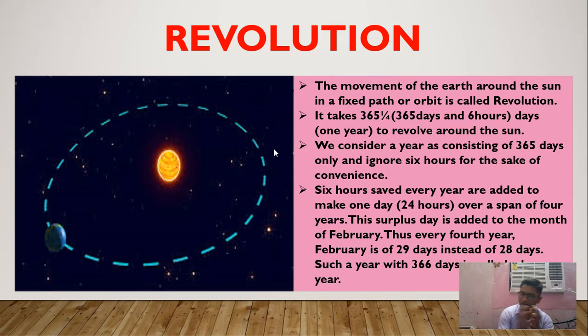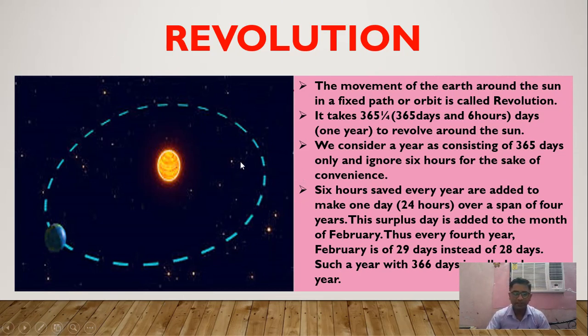According to rotation, we all know that earth moves around its axis. But the second kind of movement of earth is revolution. According to this movement, our earth moves around the sun in a fixed path or orbit. This is called revolution. Look at this picture, this is the sun and our earth is moving like this, इस तरह से earth sun के चारों ओर चक्कर लगाती है.